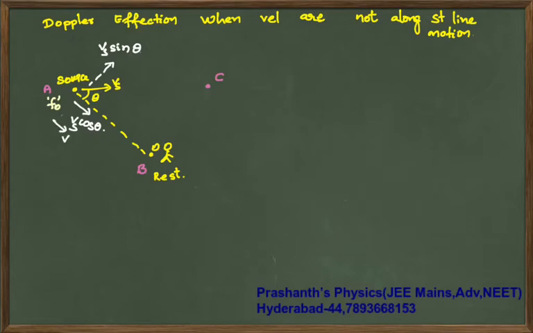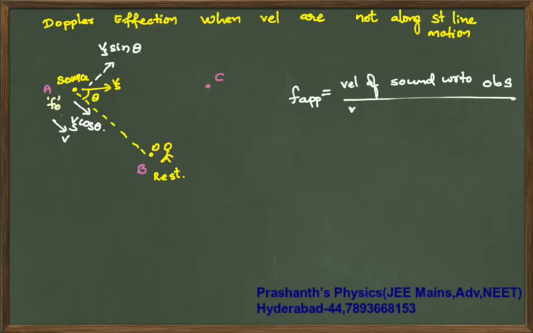Now your apparent frequency is standard logic: velocity of sound with respect to observer by velocity of sound with respect to source, times f naught.